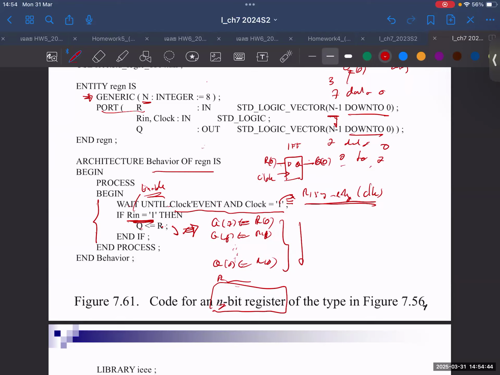Huh? What's the meaning of don't do anything? You memorize, you do the same. You memorize what you already did. And that's why it implements a flip-flop, because a flip-flop remembers things. Understand? Right?